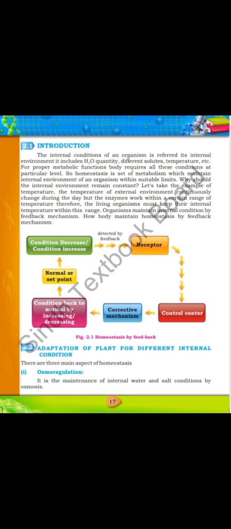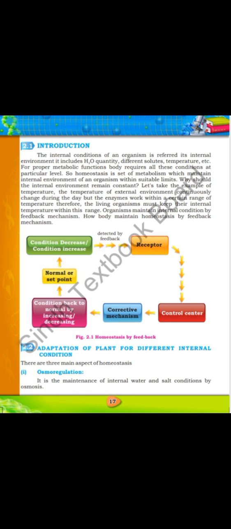Therefore, the living organisms must keep their internal temperature within this range. So, it is a little example of maintaining homeostasis, because our enzymes will not work properly if the temperature is changing all the time.